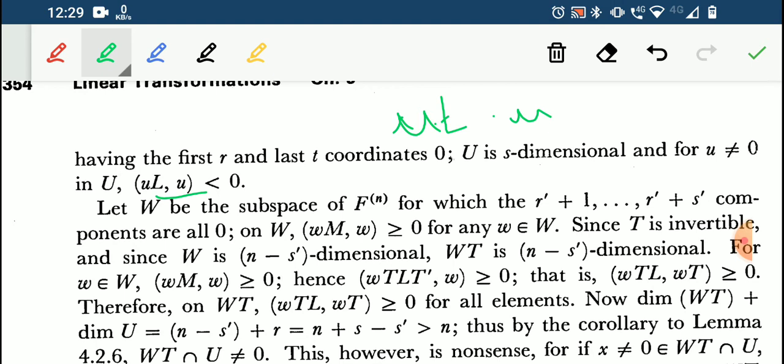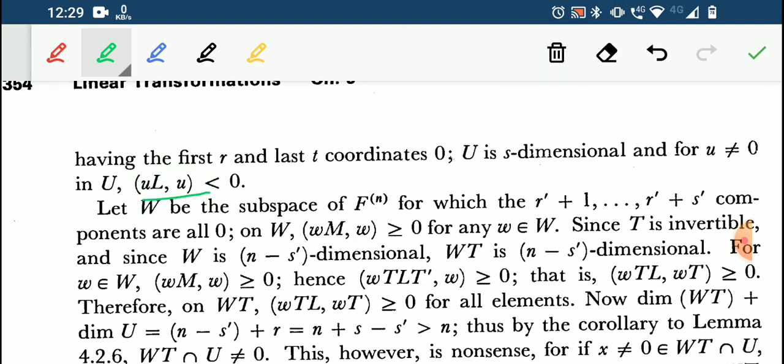So once again, if u is positive, the negative number uL multiplied with u will give me a negative number itself, which is less than 0. Suppose the elements u_{R+1}, u_{R+2} and so on are all positive, and in the same way if all u's are negative, then uL will become a positive number, but when you take the inner product, it will become a negative number only.